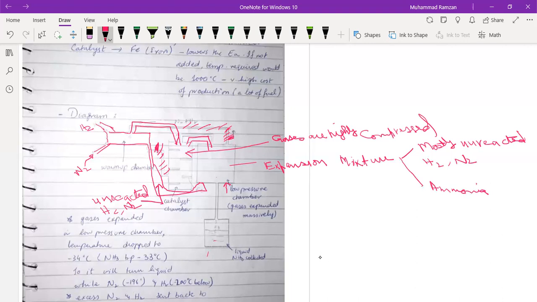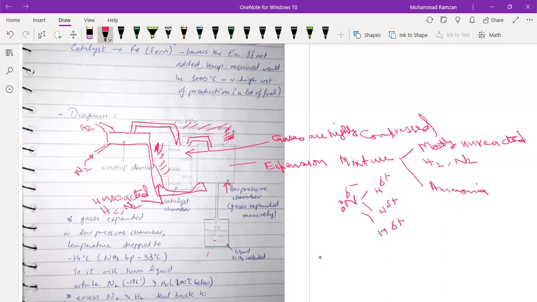If you look at the structure of ammonia, it has one lone pair and three bonding pairs. N is partially negative and H is partially positive.